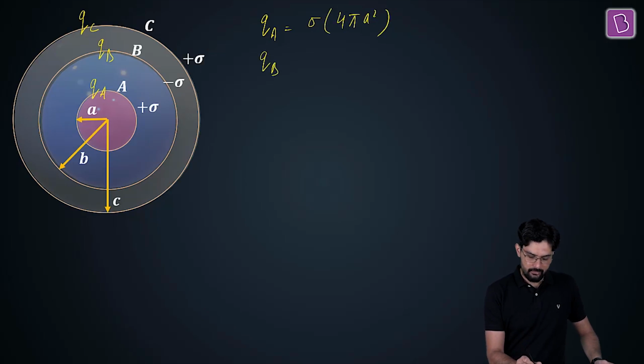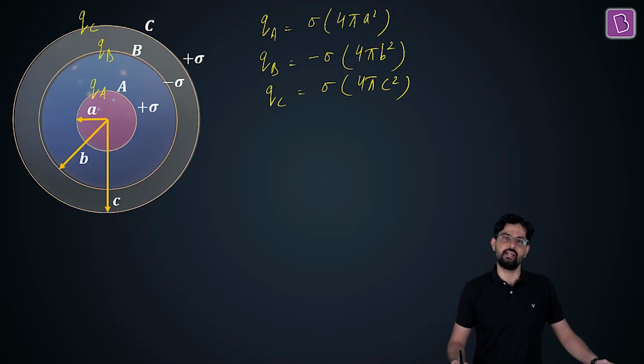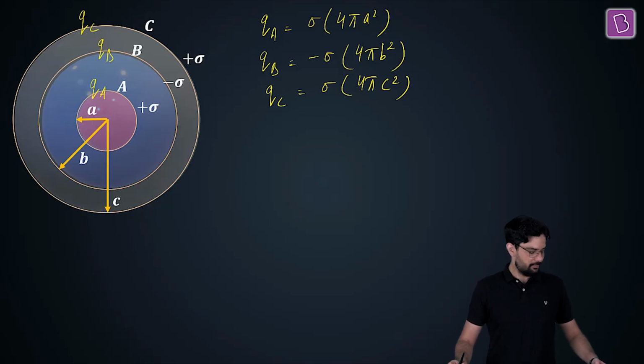QB is going to be minus sigma into 4 pi B square, and QC will be sigma into 4 pi C square, right? So these are the charges on each shell.